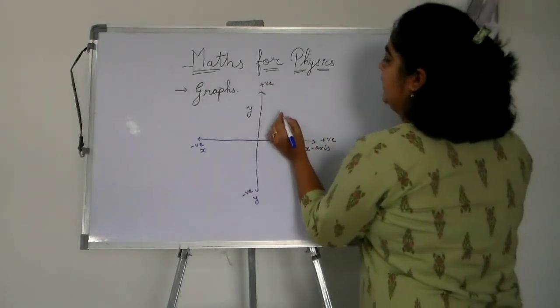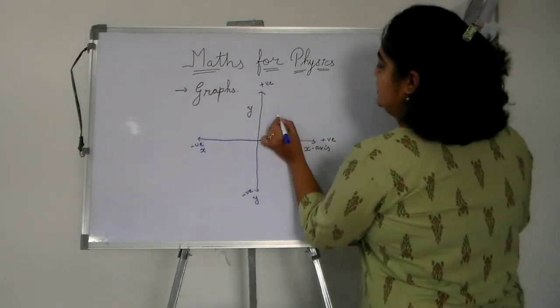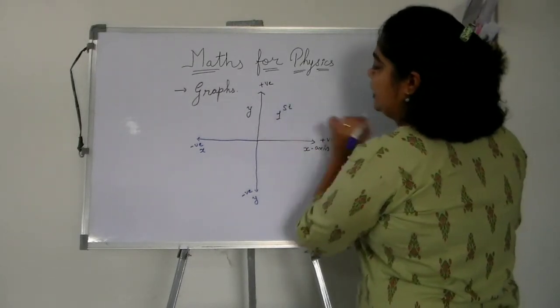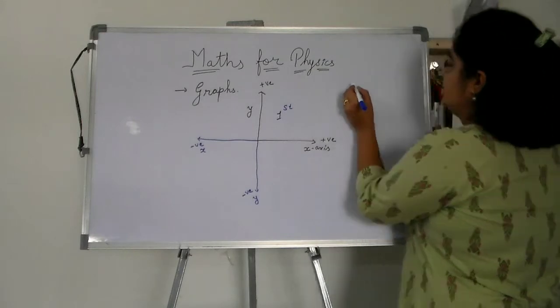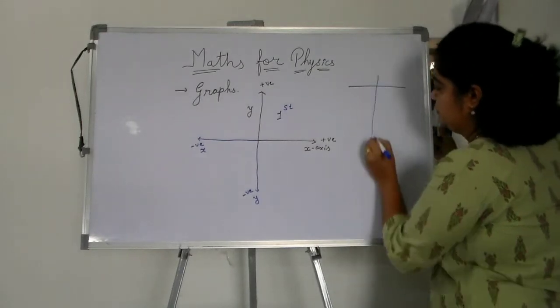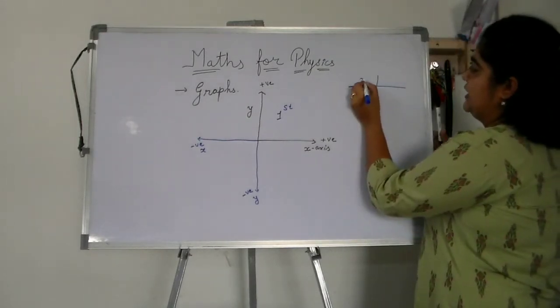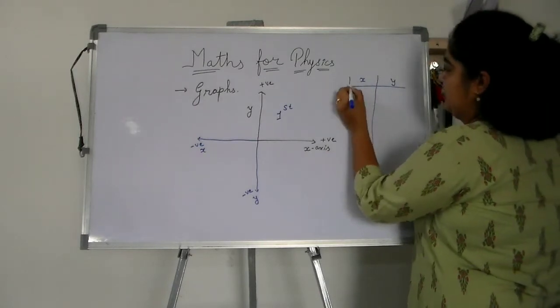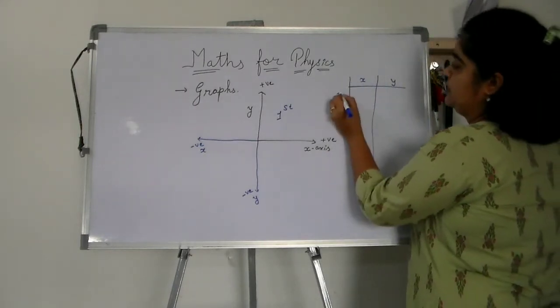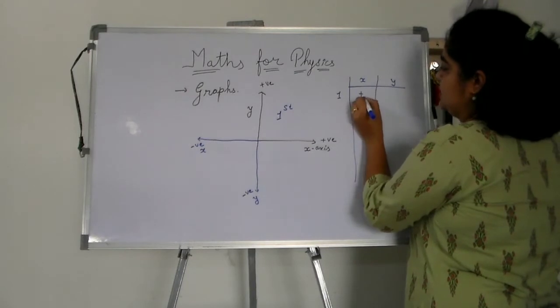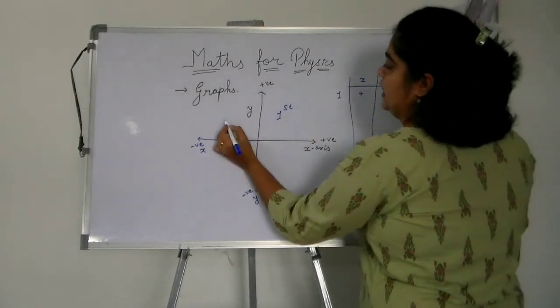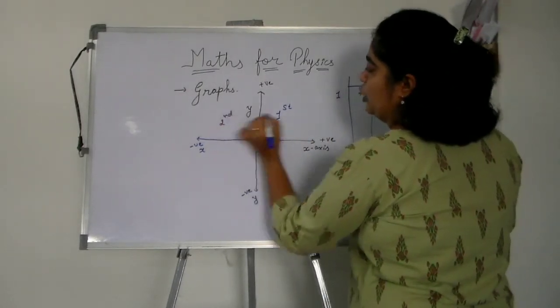We also studied quadrants. So this is the first quadrant. So in the first quadrant, let us make a table. So this is x and this is y, and this is the number of quadrants. So in the first quadrant, x is positive, y is positive. In the second quadrant, what do we have?